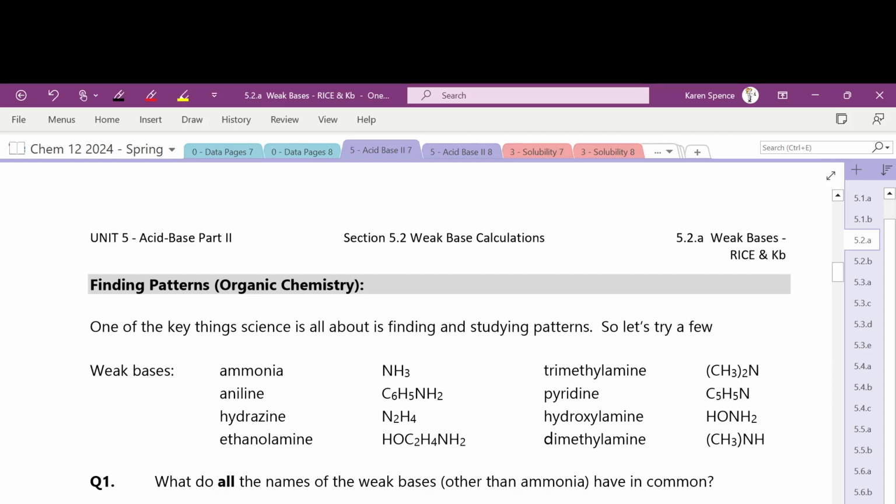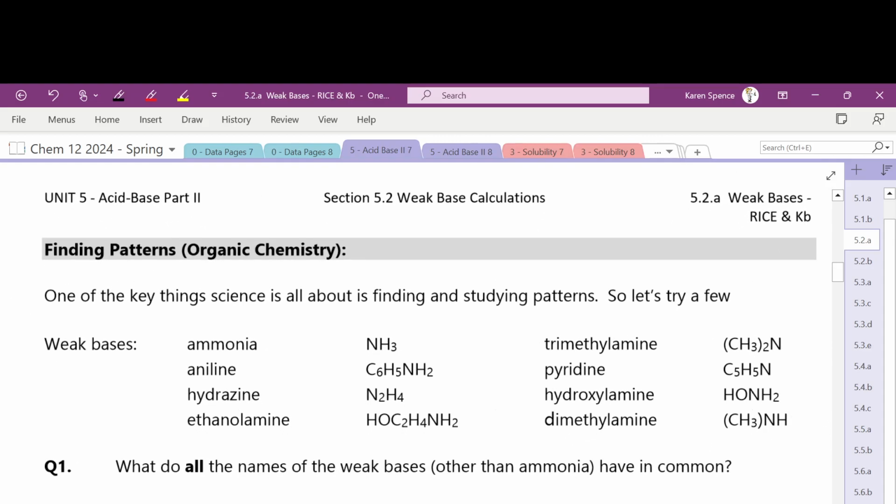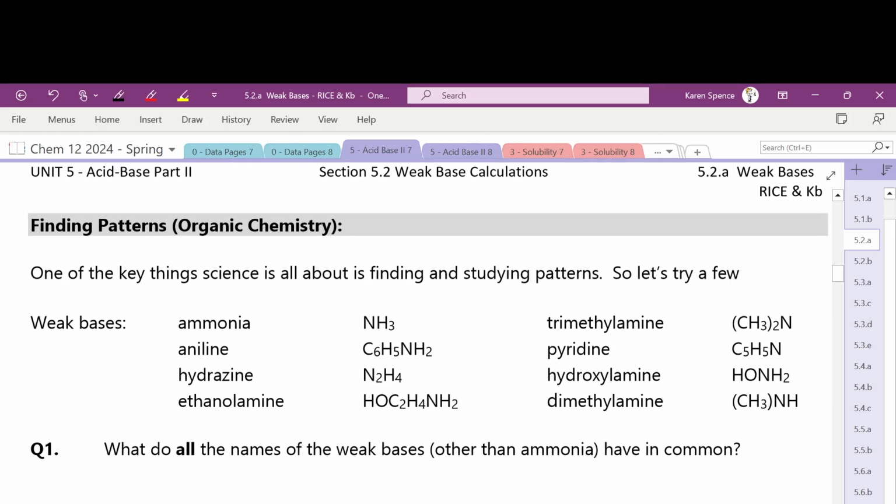Now, we're going to find some patterns. This is a little mini lesson in organic chemistry. You don't really need to know organic chemistry. But one of the key ideas just in science in general is finding and studying patterns. So let's try a few of these. These are all weak bases. I would like you to look at all of these formulas and names.